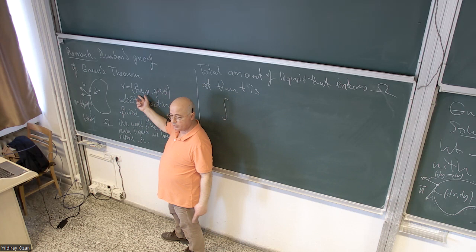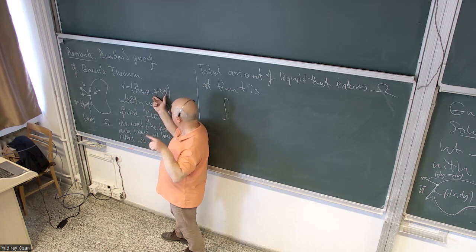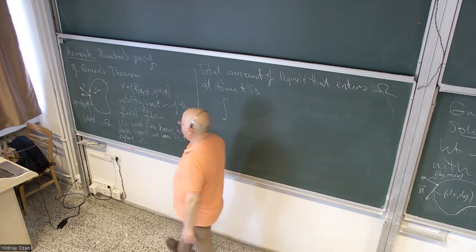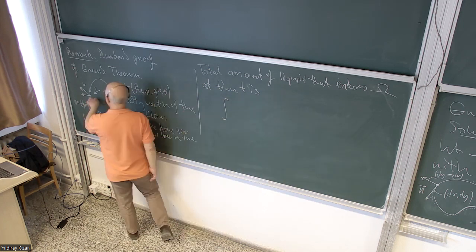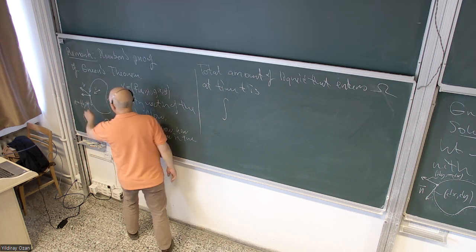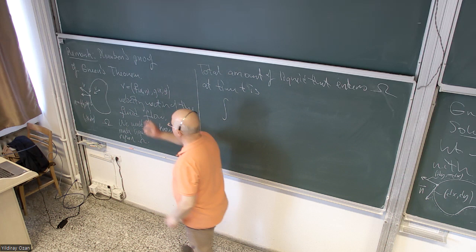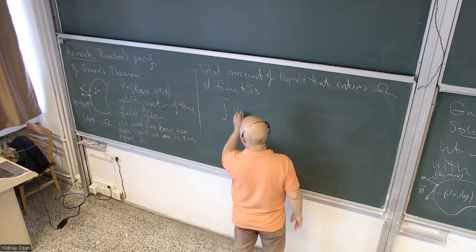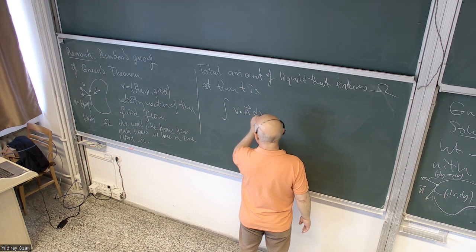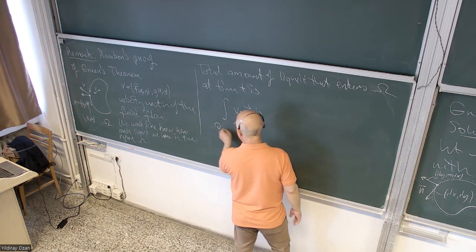This is the velocity, and the y coordinate of the velocity of the liquid is g. If you want to know how much goes out, then you should take the inner product of v and n, right? Over the whole boundary.